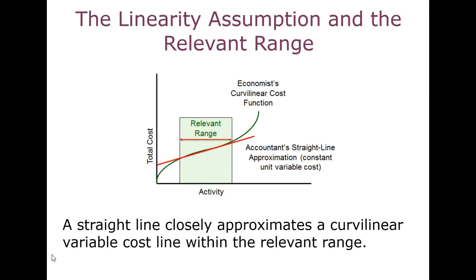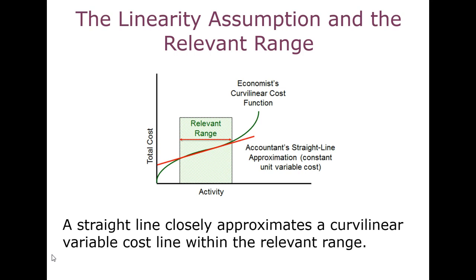Now let's plot a cost line. When you look at this, you can see that we have a green line that curves. If you've taken an economics course, you've seen this line before. It's increasing at first at a decreasing rate and levels off a little bit, but then starts increasing at an increasing rate. We're not going to worry about the curved lines.